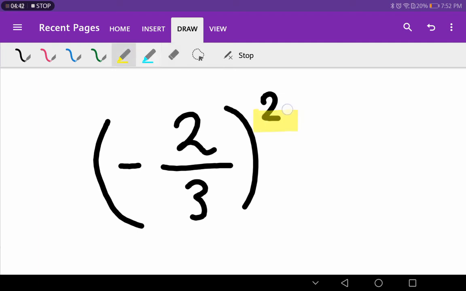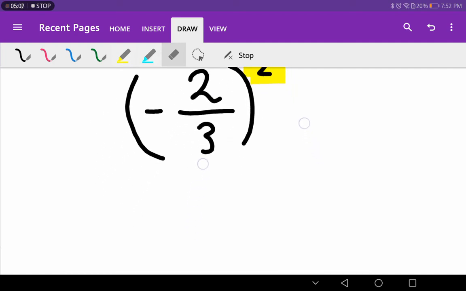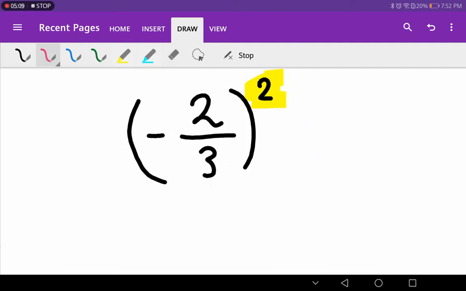So teacher, if I see power 2, I read it squared. Yes, you read the number, the base, and add the word squared. Yes, the square that we know, with four sides. So negative 2 over 3 with power 2, or negative 2 over 3 squared. You can solve it like this, my dear students.